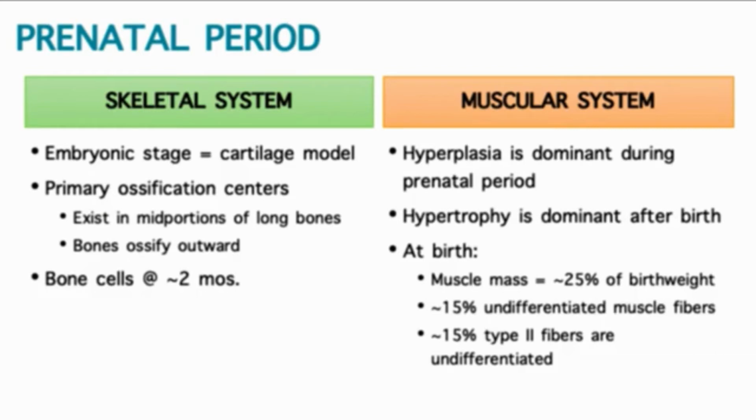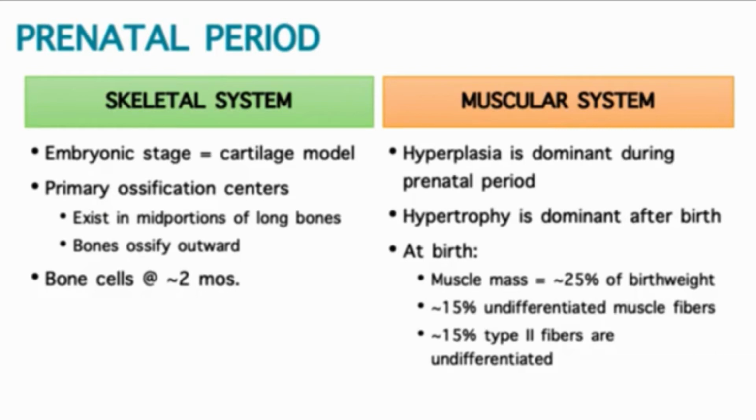And this should make sense because your muscular system has its stem cells that are going to be proliferating into different fiber types, right? So we're increasing the total number of muscle cells to build individual muscular structures.